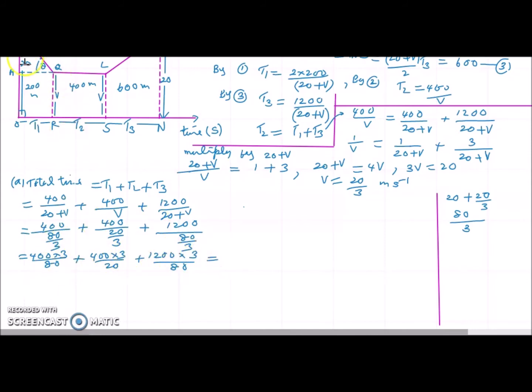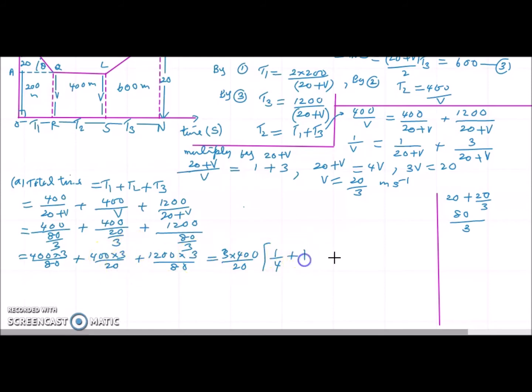Sorry, the common factor is 3 into 400 by 20, because here it is 20. We take that out. Here we get 1 of 4 plus 3 into 400 by 20.